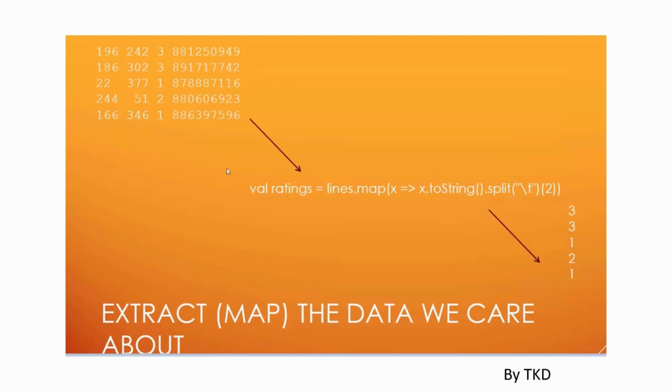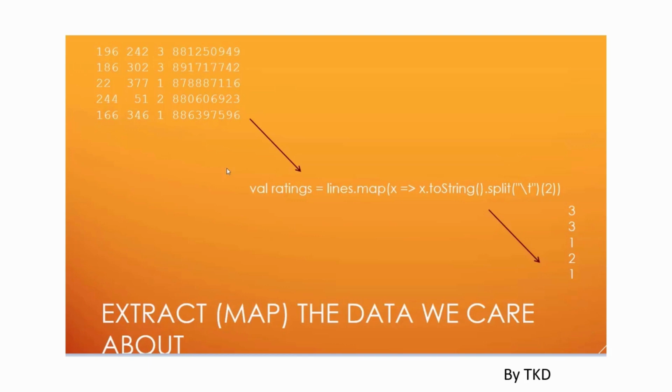So this function gets applied to every line of the input file, and we get the ratings RDD, which contains something like 3, 3, 1, 2, 1, where only the rating survives.